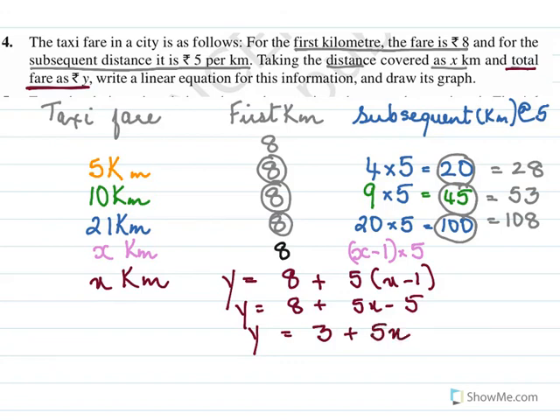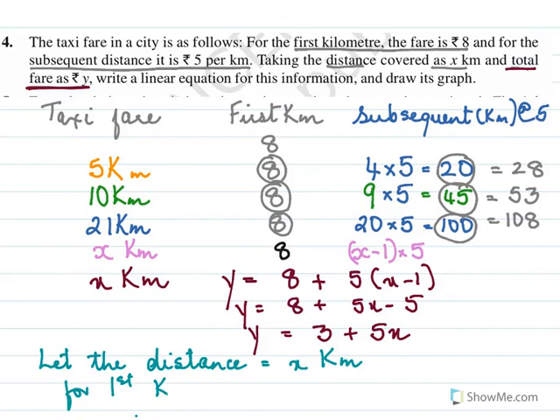This is your equation. If you're writing your statement, you'll say: let the distance be equal to x kilometers. For the first kilometer, the price is rupees 8. Now for the subsequent kilometers, how many are left?